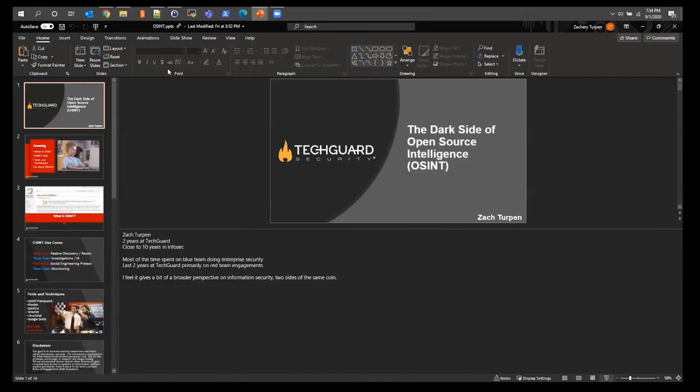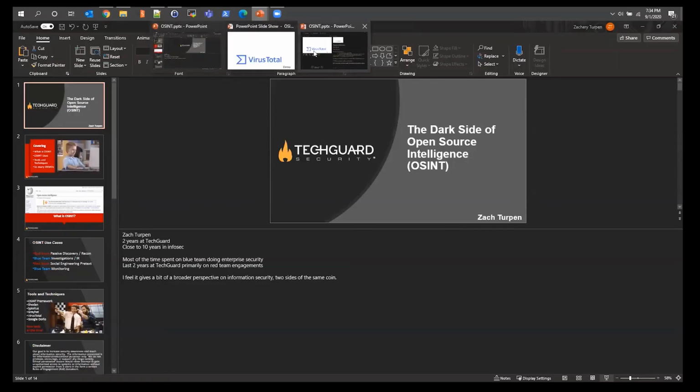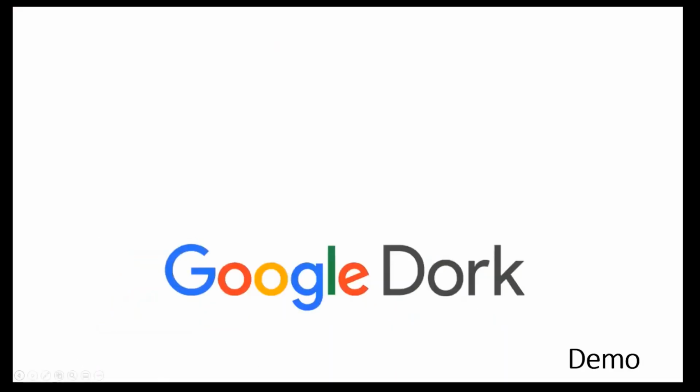All right, let's pop back over to the presentation. And the last thing that I'm going to talk about today is Google Dorks, which has been around basically as far back as Google started. Google, again, is a search engine. It allows you to search for website content, but most people use the very basic functions of Google searching. And for most people, that's more than enough. That's more than what they need even.